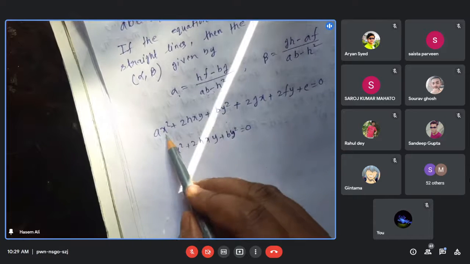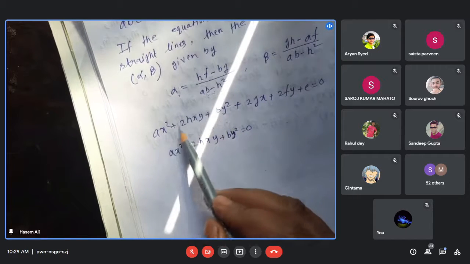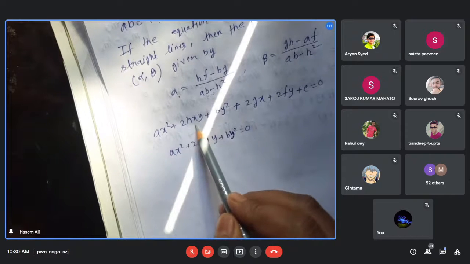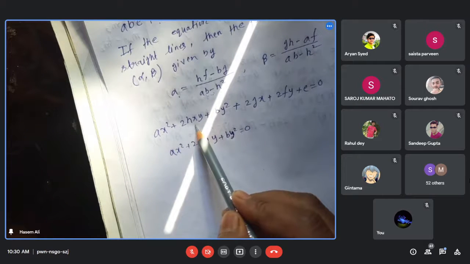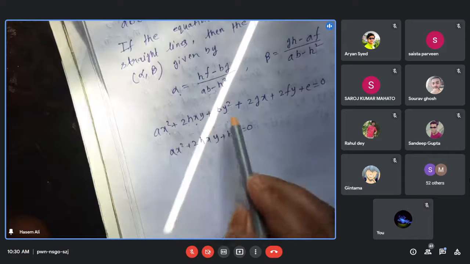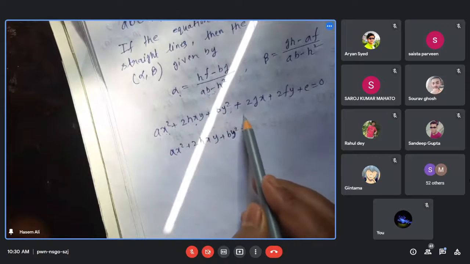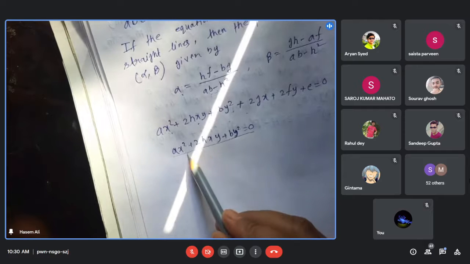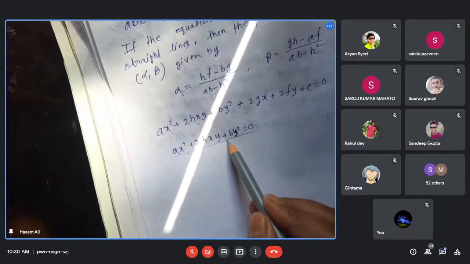The theorem states that if this general equation of second degree represents a pair of straight lines, then only this part represents a pair of straight lines passing through the origin.